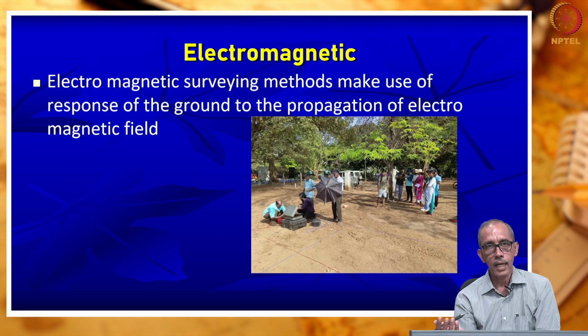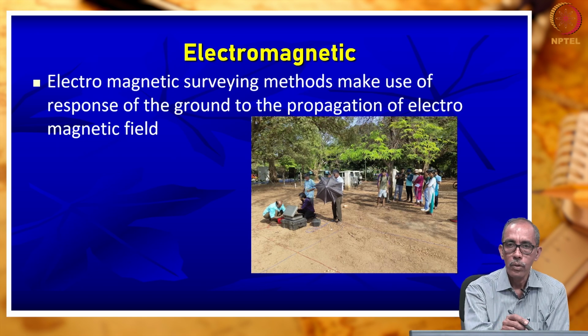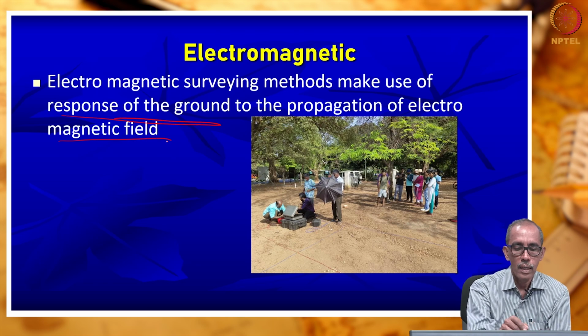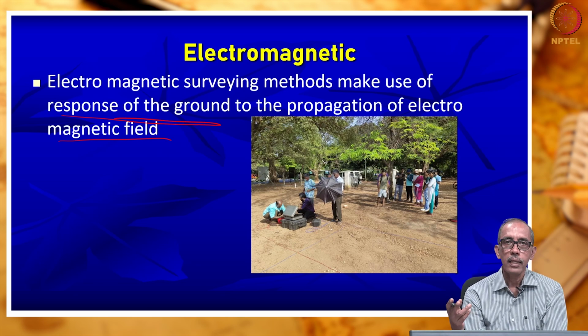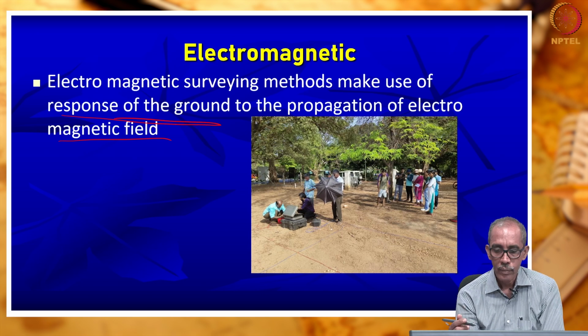Then the next is electromagnetic methods. In electromagnetic method, we make use of the response of the ground surface to the propagation of electromagnetic field. We generate an electromagnetic field. Here you can see a picture taken during an electromagnetic survey in the campus of IIT, right.